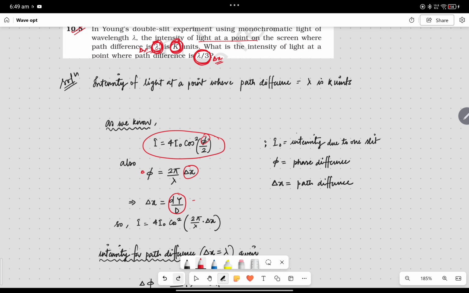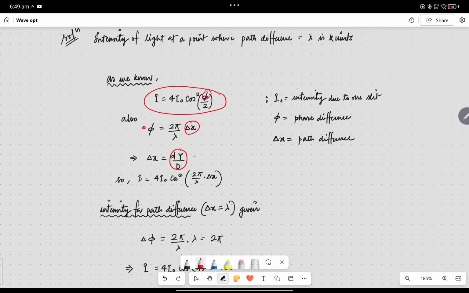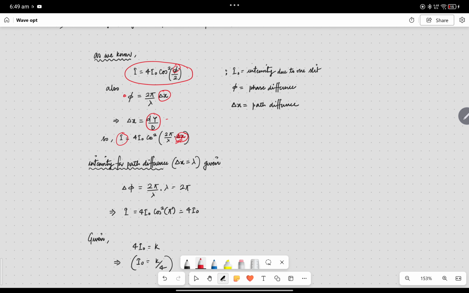So now let's solve this question. First of all, I = 4 I naught cos square of (2 pi by lambda into delta x), and for two cases we have two different delta x. First I want to make clear what this setup is. In Young's double slit experiment, we take one source and from there we take two cardboards, cardboard 1 and cardboard 2, and make two holes.